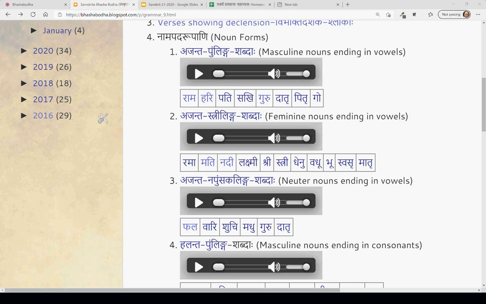Yes, Rishi is a Pullinga because he is a living being and we know the actual gender. That's what we discussed some time back, that the lingam applies to the word, in Sanskritam, not to the actual gender of the object.